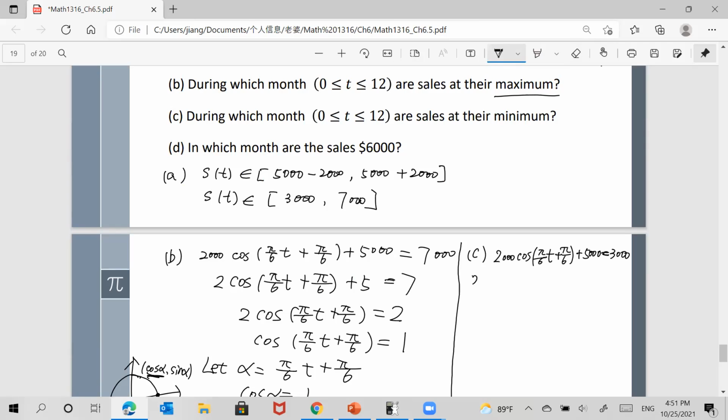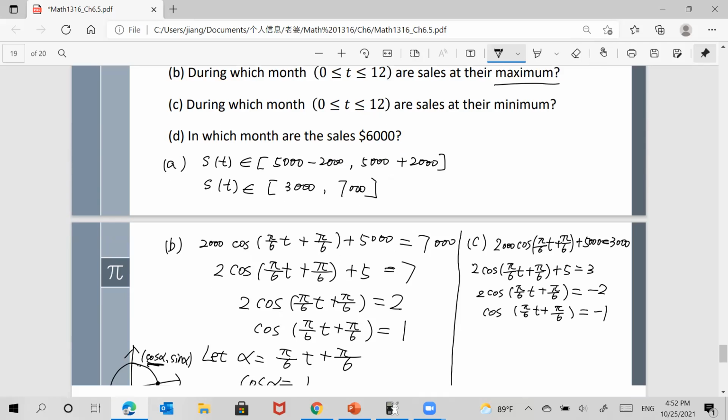I got 2 times cosine pi over 6t plus pi over 6 plus 5 equals 3. And minus 5 on both sides. I got 2 times cosine pi over 6t plus pi over 6 equals -2. So cosine pi over 6t plus pi over 6 equals -1.